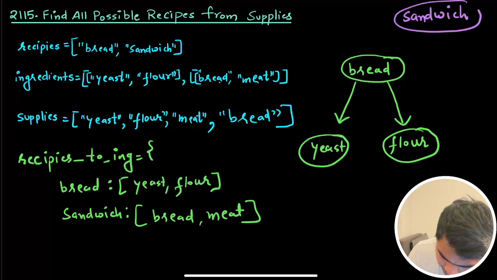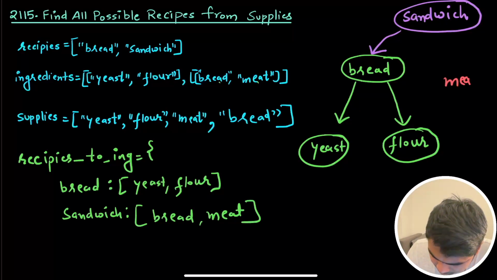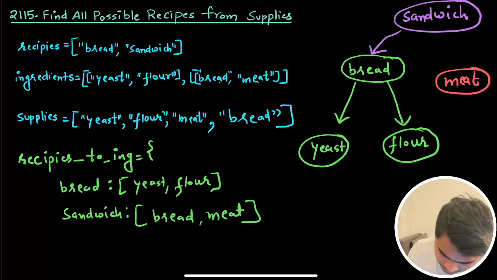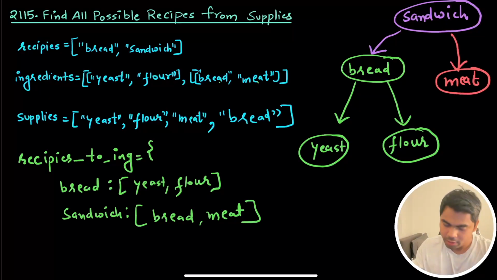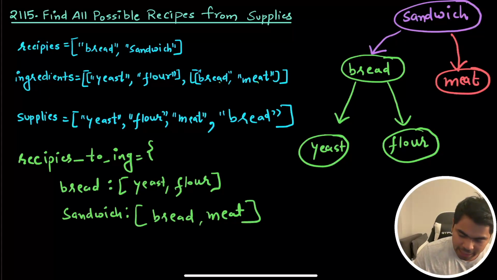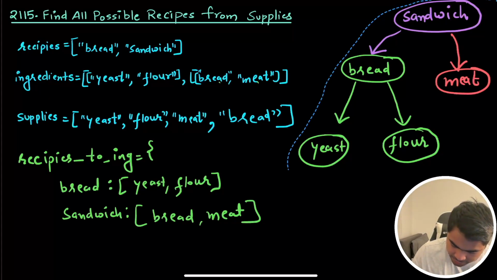This becomes another node, and the reason I'm creating it on top is so that you can see this structure: sandwich needs bread and bread needs yeast and flour, and at the same time sandwich needs another ingredient called meat. Now you can see we have this graph created for us.